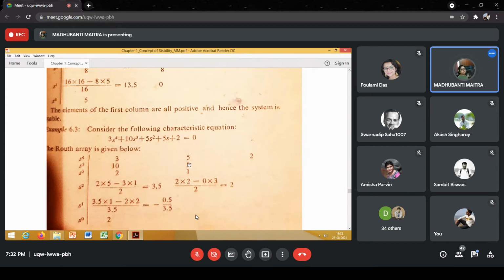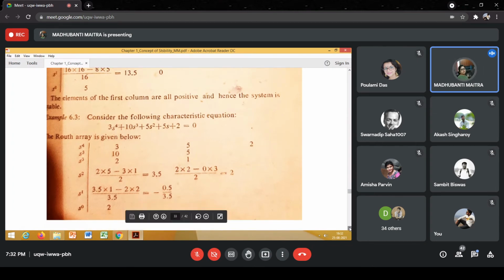Is this clear? Yes, ma'am. So once you go for this kind of conversion, then for further computation you will have to consider these two terms, 2 and 1. But this step is optional. So complete the Routh table.